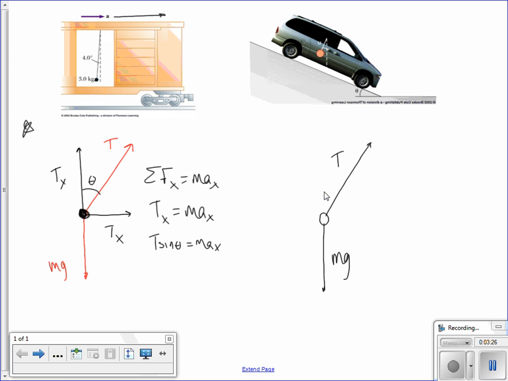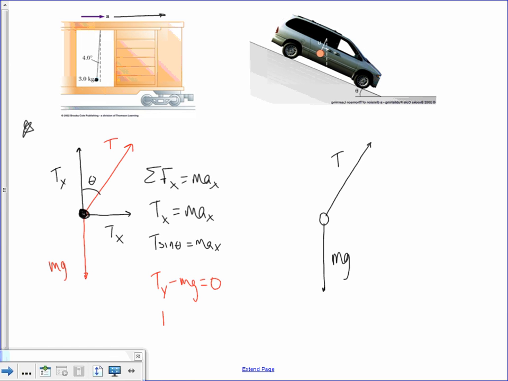And then we could also say, well, it is accelerating horizontally, but it's not accelerating vertically, so we could just say that Ty minus mg is 0, or T cosine theta equals mg. All right, so we could use these two equations to figure out stuff about that object's motion.